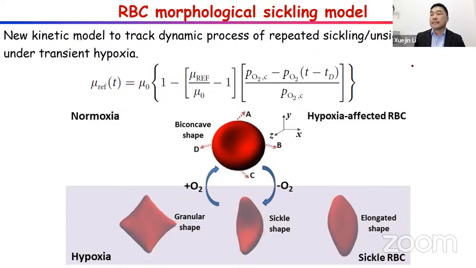For the sickle red blood cell, this mu is much higher than the normal ones, but mu zero is for the normal red blood cell. You can see through this equation, if we decrease the oxygen level, this term will increase, so finally we will increase this mu. If this value is higher, that means the cell becomes stiffer.